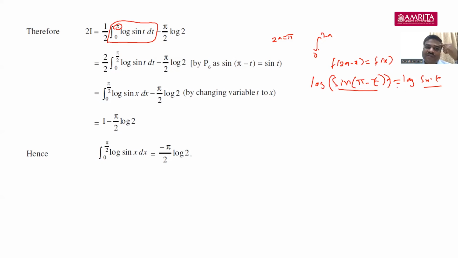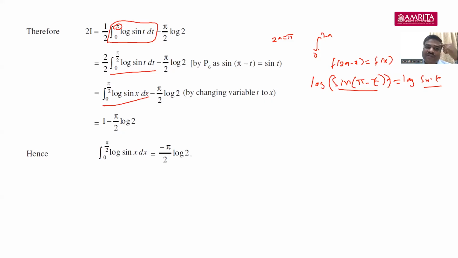Because of that property, they are writing this problem as 2 times integral 0 to pi by 2. Again, you need to solve this problem. 2 by 2 will get cancelled. 0 to pi by 2 integral logarithm of sin x dx.